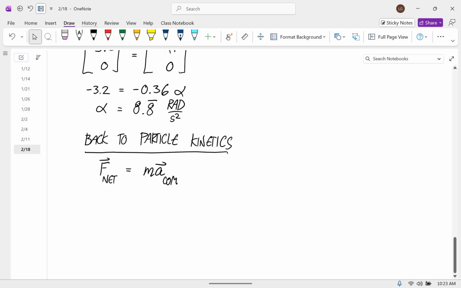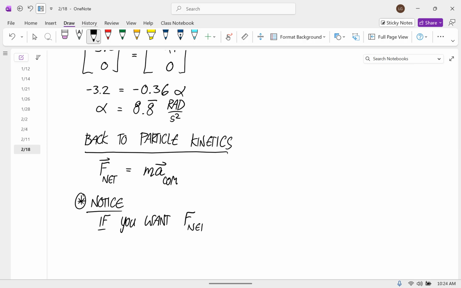Okay, so the first thing I want to say is, one thing to notice is, if you want the net force acting on a body, not individual forces, if for some reason you just want to know what the net force is, you can do exactly what we did in particle kinematics.